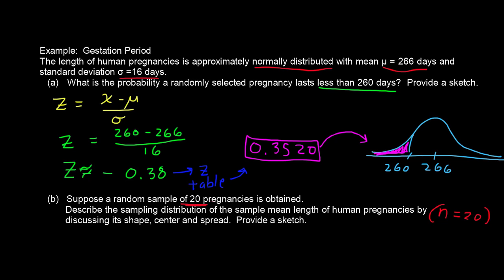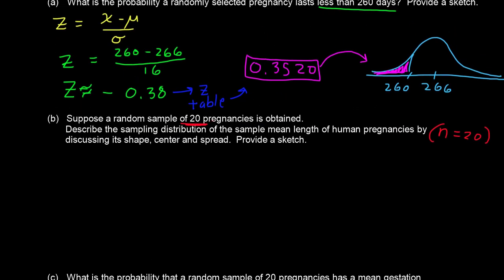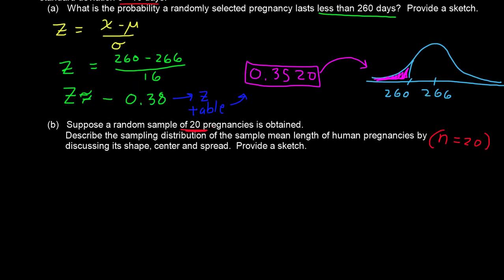So actually, we're not going to find a probability yet. We're just going to describe this sampling distribution and provide a sketch as well. So let's discuss the shape, the center, and the spread of this sampling distribution.